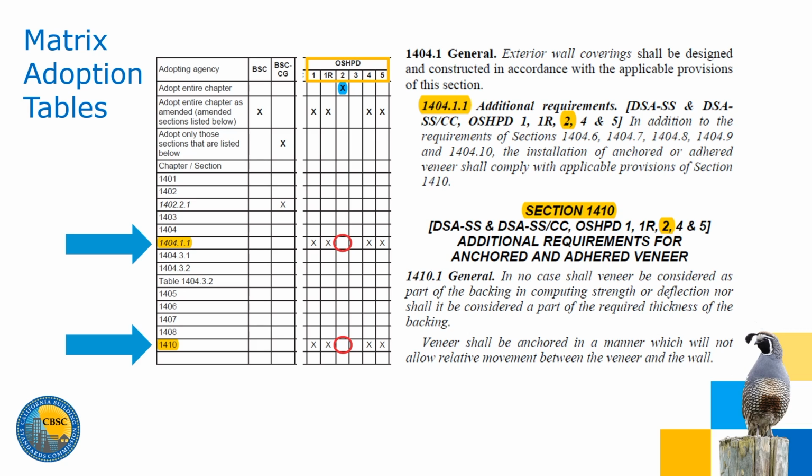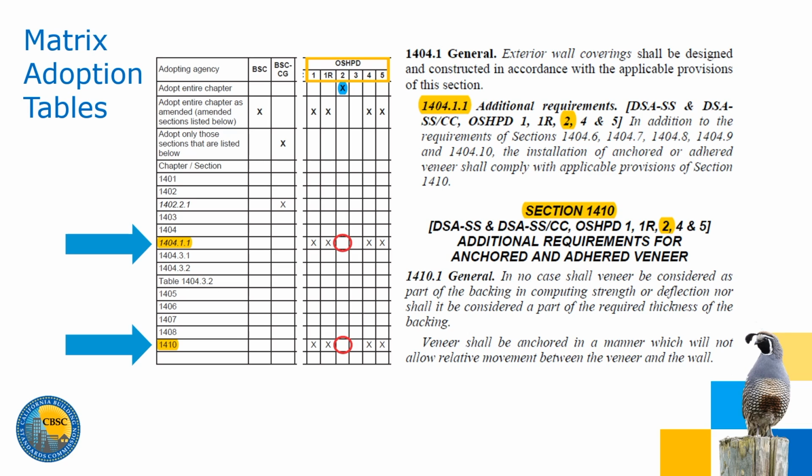ASHPAT 2 is marked as Adopt Entire Chapter without amendments in the MAT. However, if you look at the text of the code, there are amendments in sections 1404.1.1 and 1410.